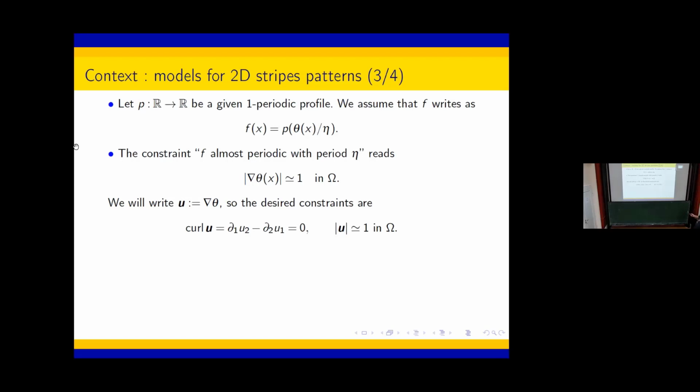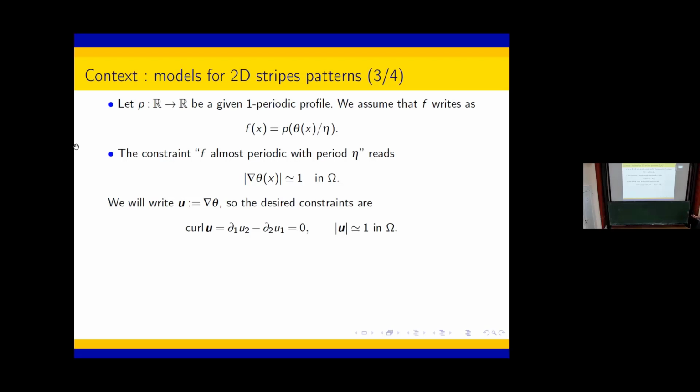You want a period eta, so this means that you choose P to be a one-periodic profile. Then you are left with the constraint that the gradient of theta should also be almost of norm 1 in the domain, if you want the period to be almost eta.